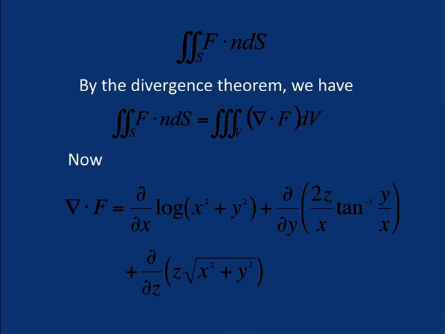Now divergence f here is equal to del over del x of log(x square plus y square) plus del over del y of (2z upon x) tan inverse (y by x) plus del over del z of z root(x square plus y square).